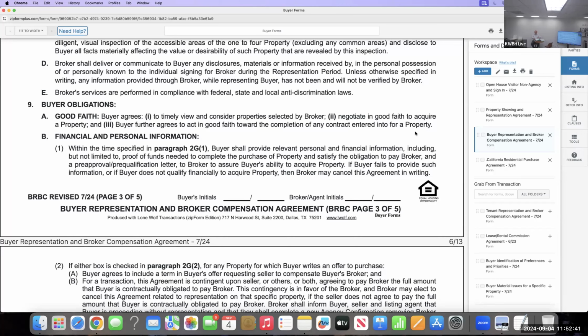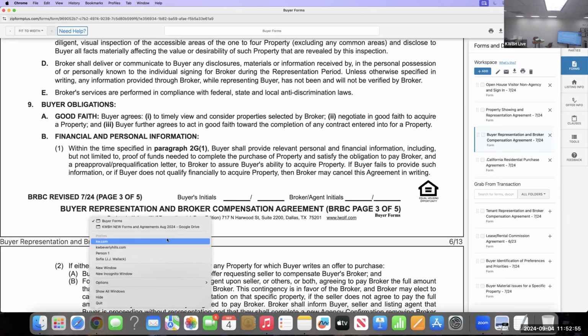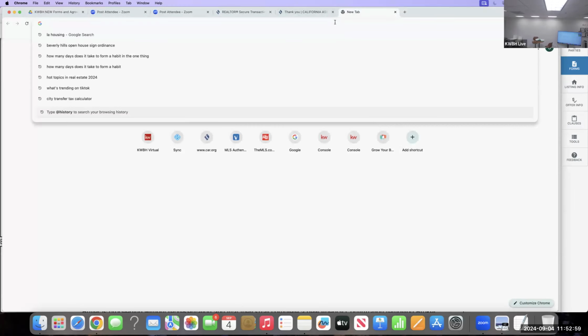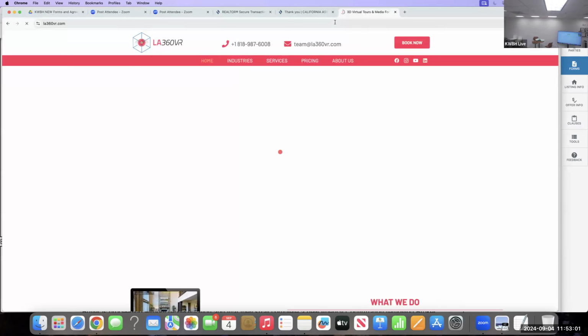The general cost. So I use a company called LA 360 VR, LA360VR.com.